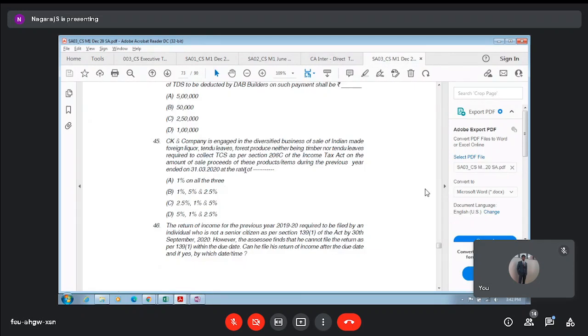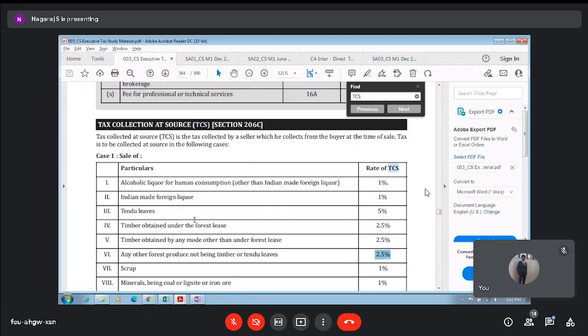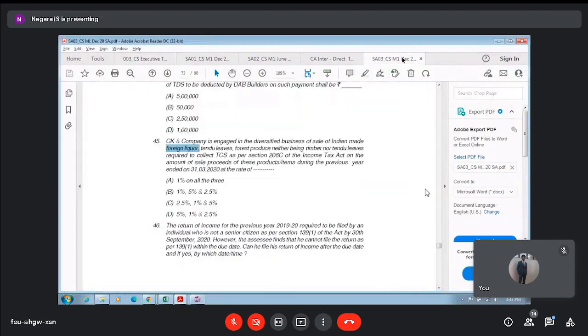See, it should be in the order. Okay. Indian made foreign liquor. What is the percentage? 1%. The sequence of answer should be like this. There is 1% in A and B only.